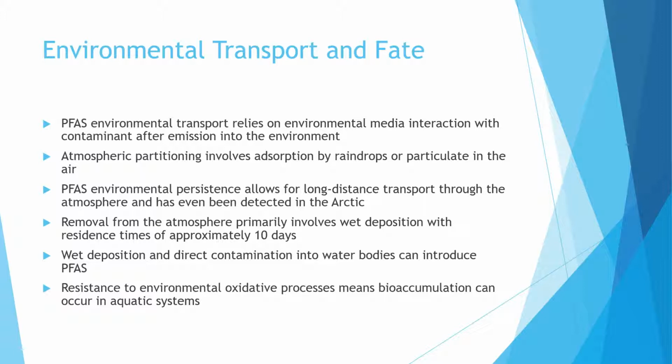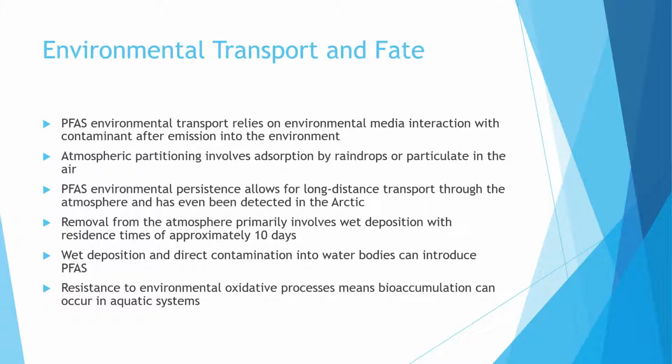Continuing with environmental transport and fate. PFAS environmental transport relies on environmental media interaction with the contaminant after emission into the environment. There are three media that allow environmental transport: the atmosphere, water, and soil.